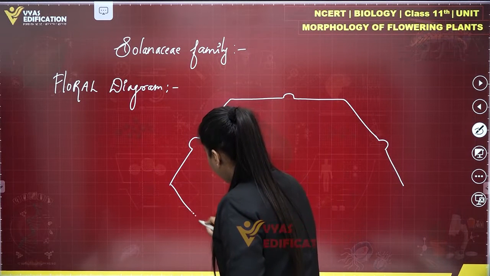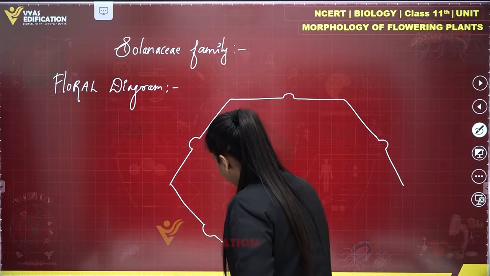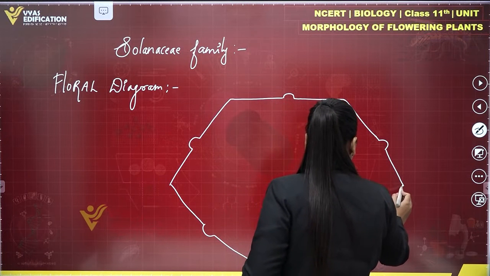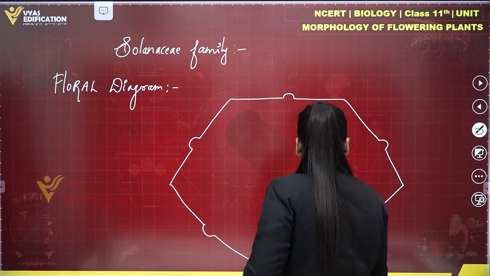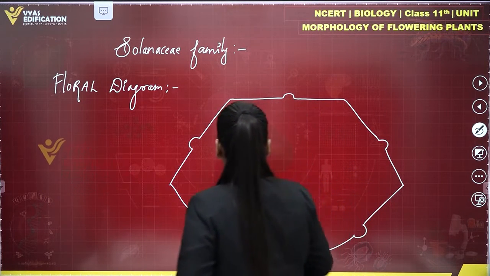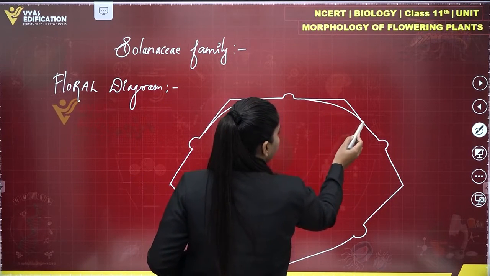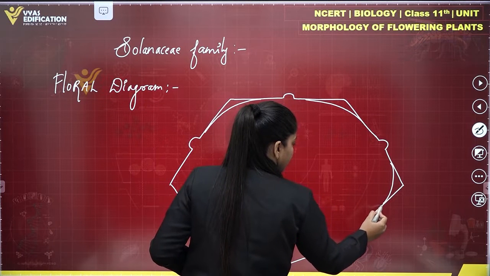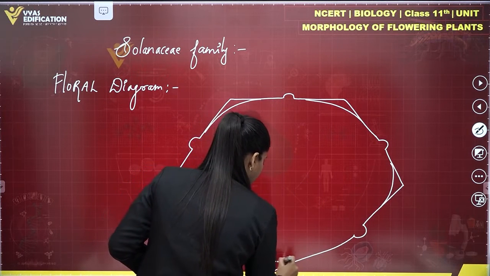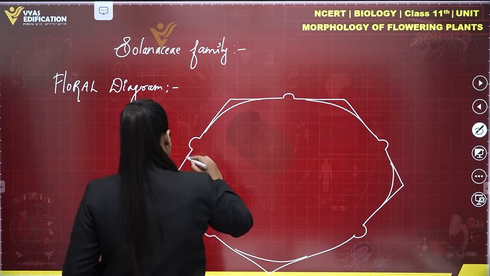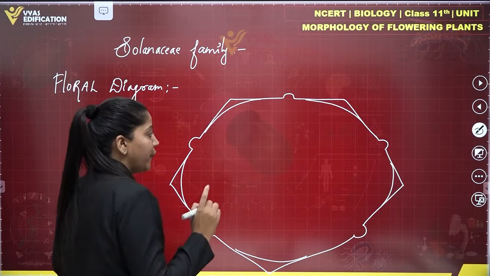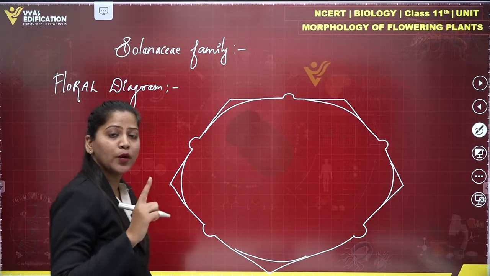So this is the representative figure, which represents the calyx or sepals of the family Solanaceae. They are united and persistent with the estivation known as valvate.